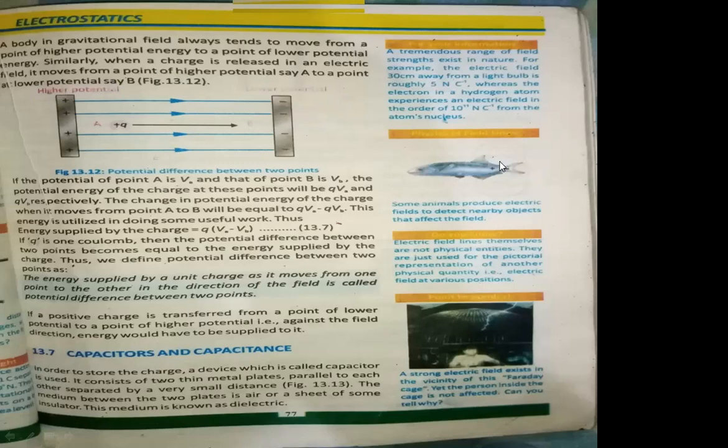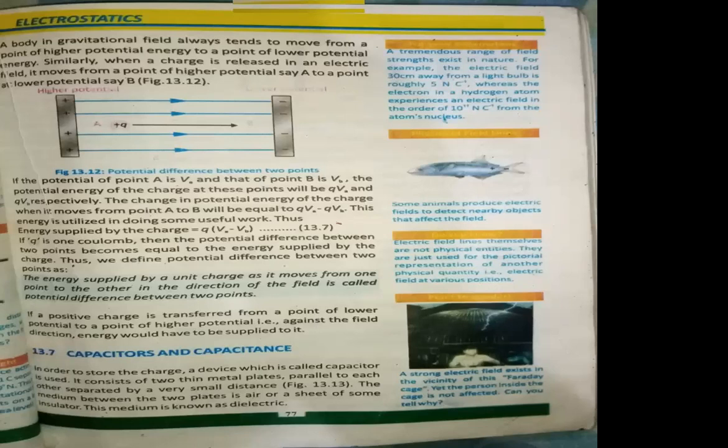If you take the example of a bridge, when you reach the top of the bridge, it means you are at a higher potential. If you are at the bottom of the bridge, this is the lower potential. If the water is at the peak of the bridge, it will flow very easily.